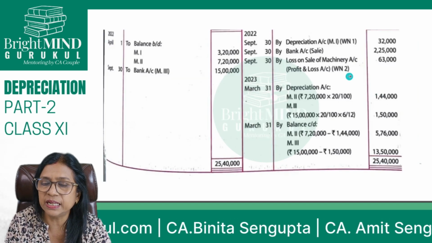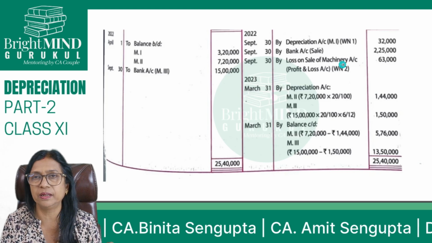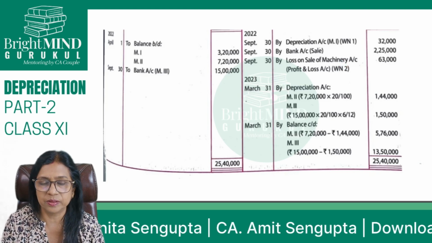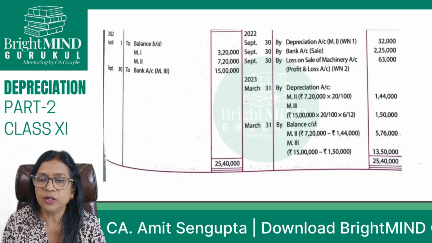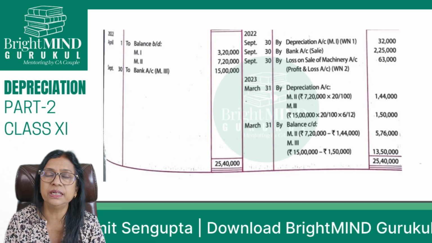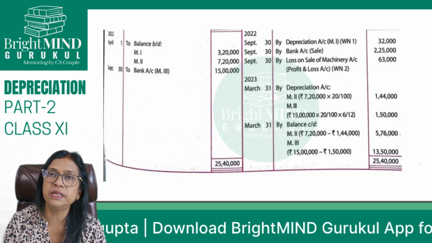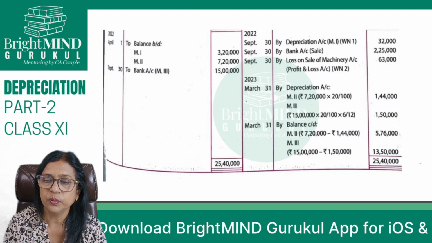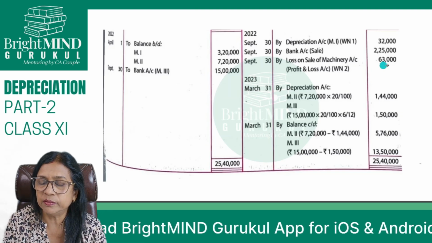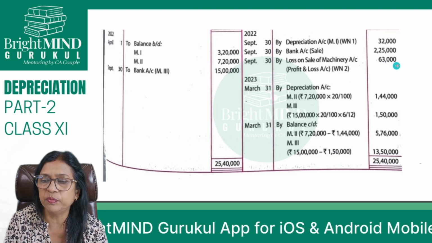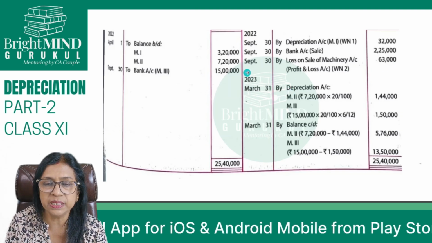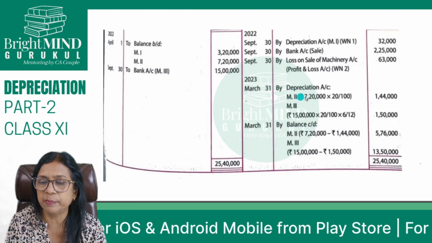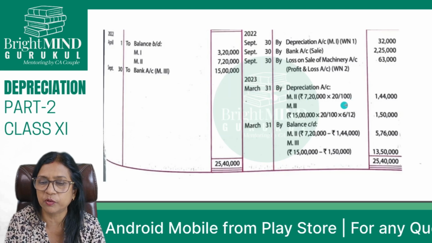So for loss on sale of machinery, we have already read in the video before that the journal entry will be loss on sale of machinery to machinery account. Okay, so the entry will be 63,000. We are going to credit it. For the second machinery, 7,20,000, the depreciation at 20% will be 1,44,000.